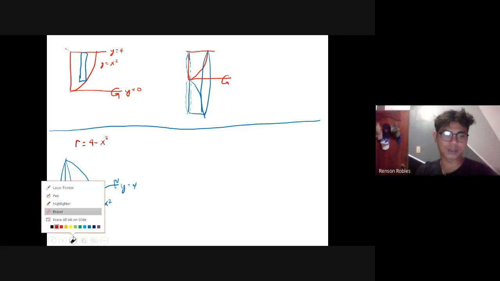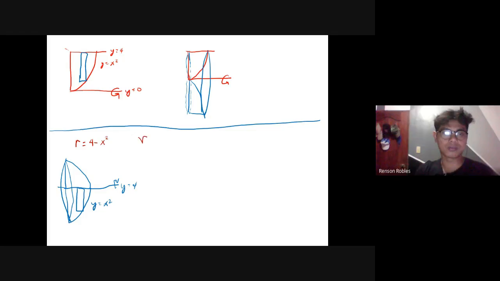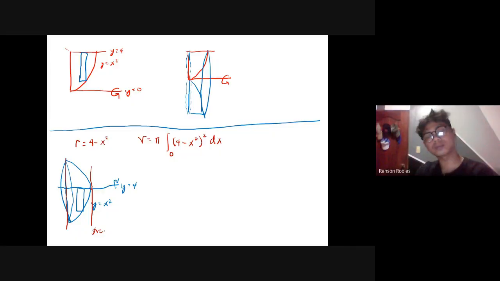So we now solve for the volume. Volume is equal to pi integral of (4 minus x squared) squared dx. Okay, and then the limits are from the leftmost, kasi nakatayo to, from the leftmost, that's x equals 0. Then to the rightmost, what is this? X equals, if this is y equals 4, what is this point? 2 po. 0 to 2.